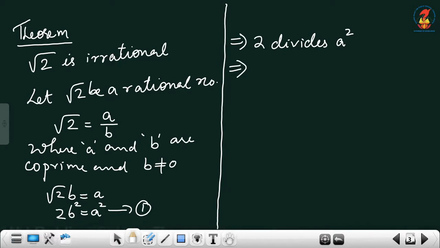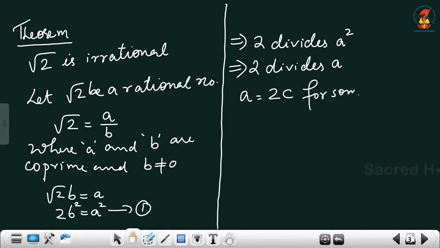Using the previous theorem, we can write 2 divides a. If 2 divides a, we can write a as a multiple of 2, 2c for some integer c.